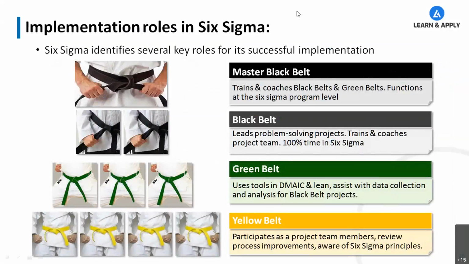The second part is about systematic working, or systematic responsibility handling among different people of the industry. This is the kind of belt structure, or responsibility structure, that we can see. Six Sigma identifies several key roles for its successful implementation. We will go from bottom to top, from the yellow belt.